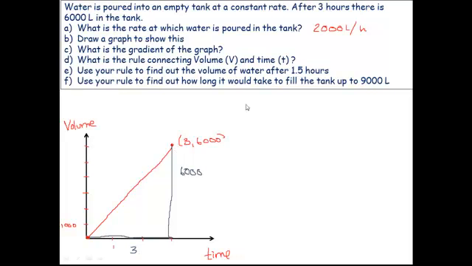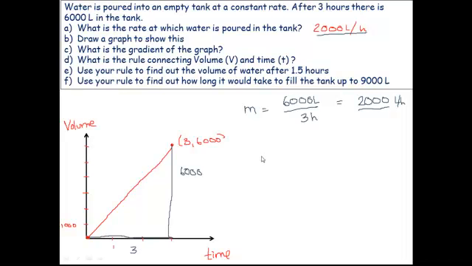So my gradient is going to be 6,000 liters divided by 3 hours. So that gives me a gradient of 2,000, and that's in liters per hour. So you can see that the gradient is the same as the rate that it was filling up. Okay, so the gradient tells us that every hour, 2,000 more liters are going into this tank.